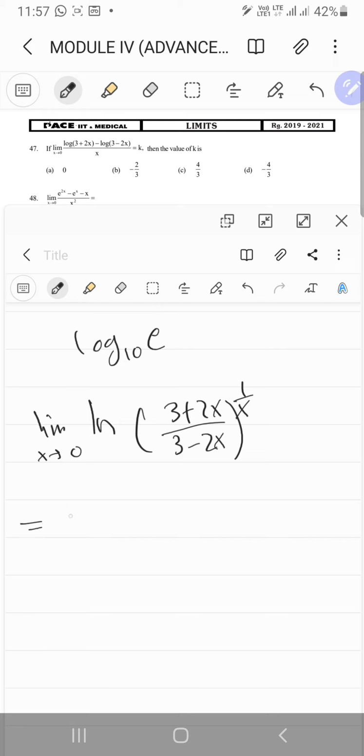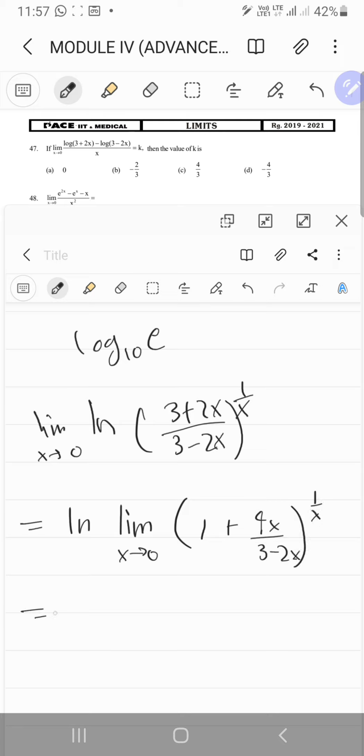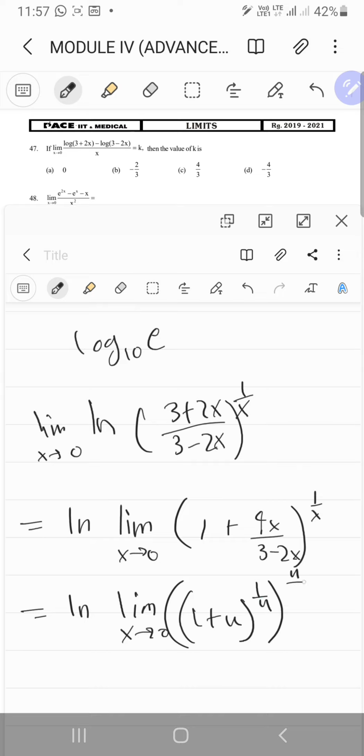This is going to be natural log of the limit as x approaches 0 of 1 plus 4x upon 3 minus 2x to the power of 1 upon x. Okay, which is natural log of the limit as x tends to 0 of 1 plus u to the power of 1 upon u, all of that to the power of u upon x.